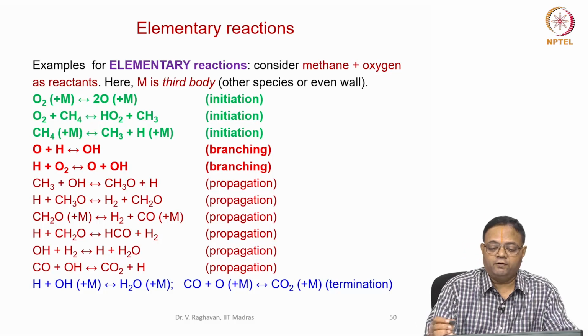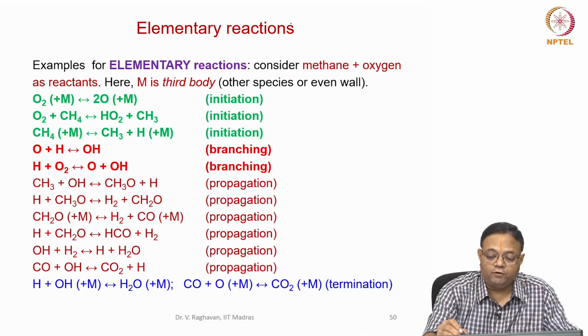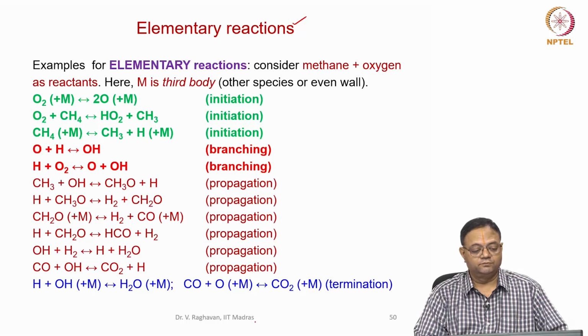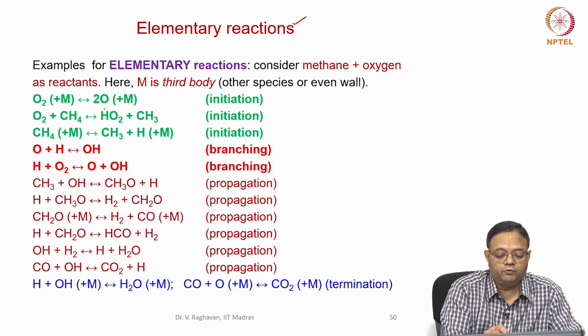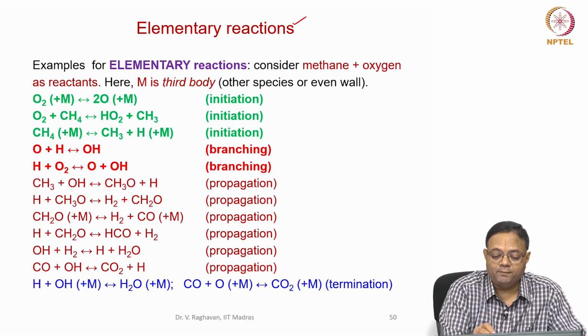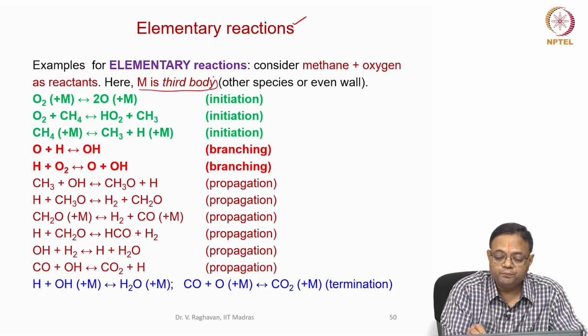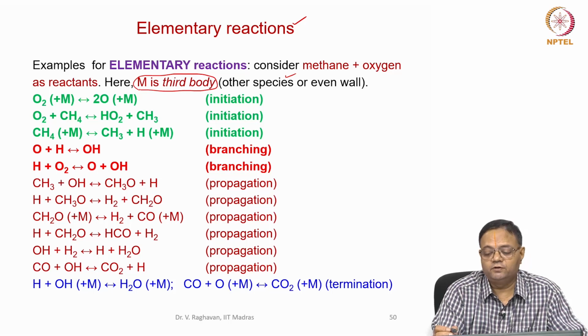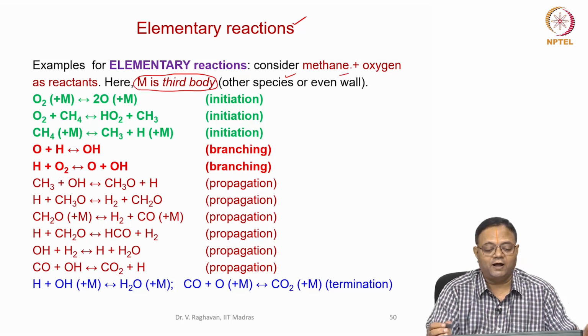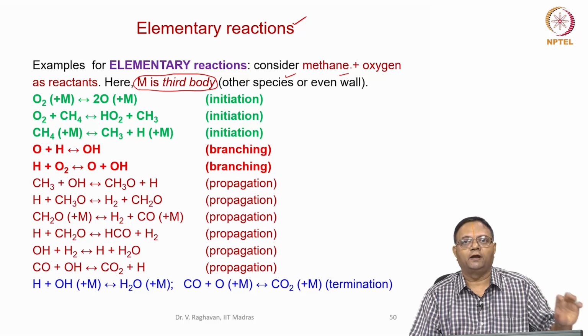So I will give a few examples of elementary reactions. As I told you, O2 forms two atoms of O. This is the initiation step, where M is called the third body. Third body is nothing but the set of other species or wall where this particular species collides and breaks.